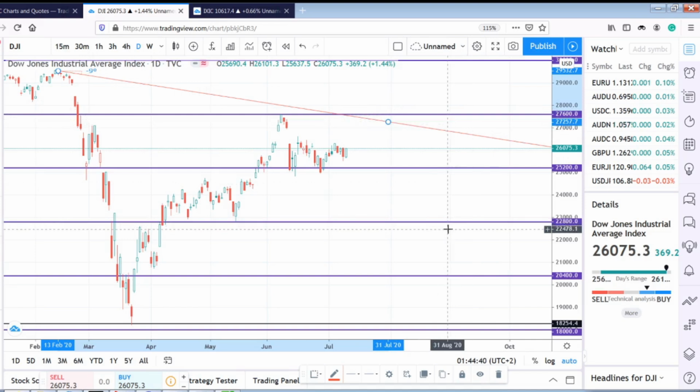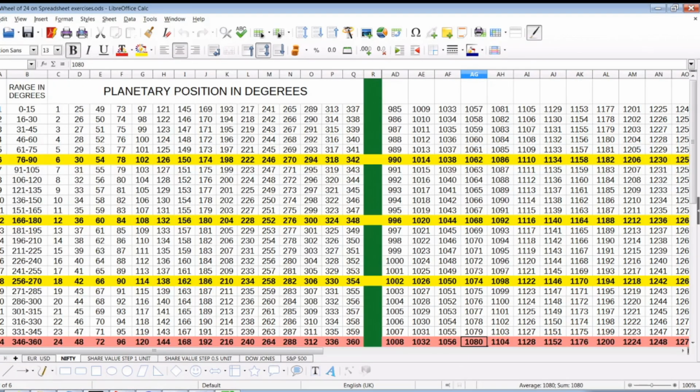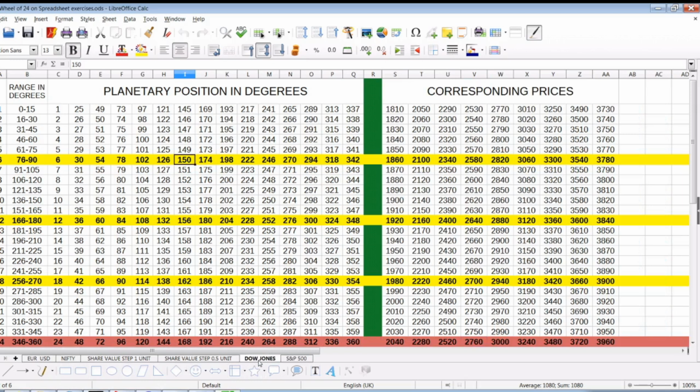And if you watch it carefully, even if the market explodes over here, we got this dynamic resistance line, and we got a static resistance line as well, which is related to the position of the planets. Dow Jones, have I got Dow Jones over here? I got it over here.